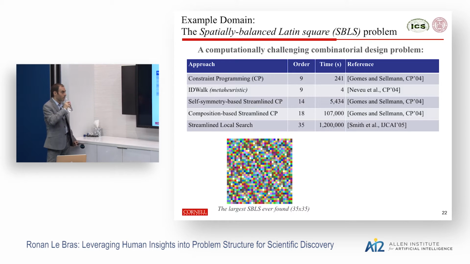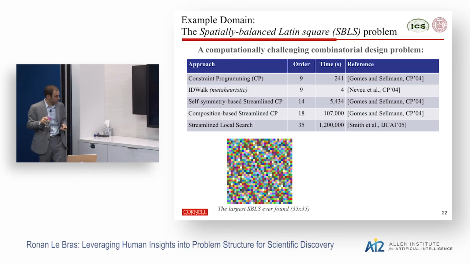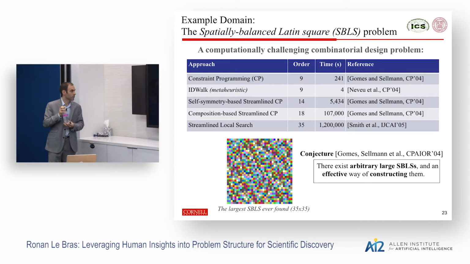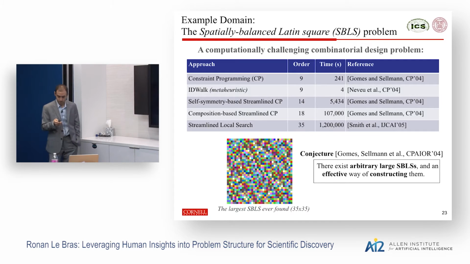And the largest ever known spatially balanced Latin square back in 2005 is of order 35 and took actually about 2 weeks of computation to get this solution. And yet, it was conjectured that there might actually exist arbitrarily large spatially balanced Latin squares, and there might be an effective way to construct them.